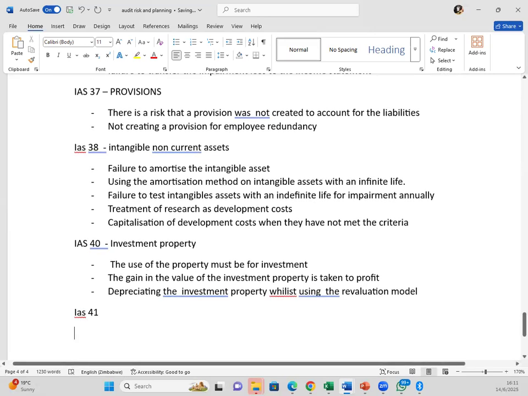We have IAS 41. All these standards, in detail, we'll cover them in F7 if we haven't already done so. IAS 41 is accounting for biological assets.